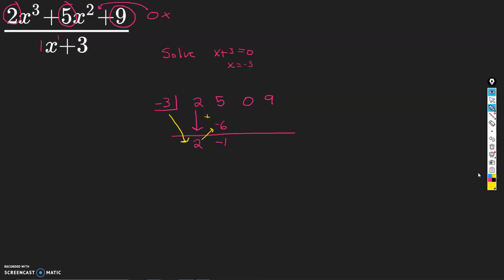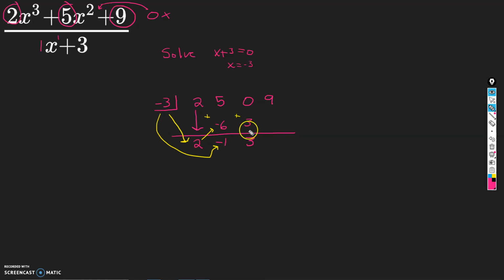Then same thing, I'm going to multiply these two. Negative 3 times negative 1 gives me positive 3. Then I add these together, and that gives me 3.